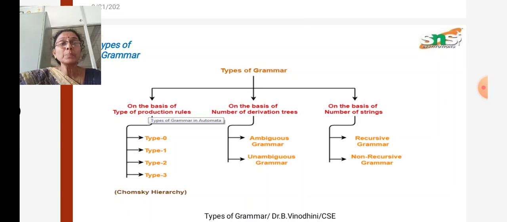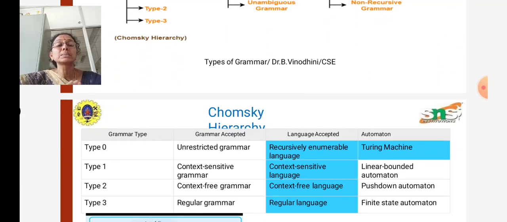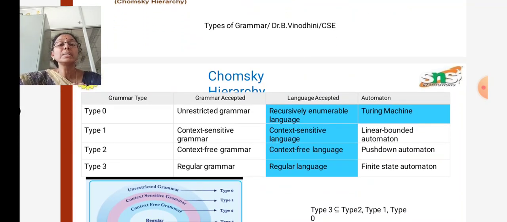So the grammars are classified based on the production rules, the derivation trees and the number of strings. Now, based on the production rules, we have four types, which are called the Chomsky hierarchy.